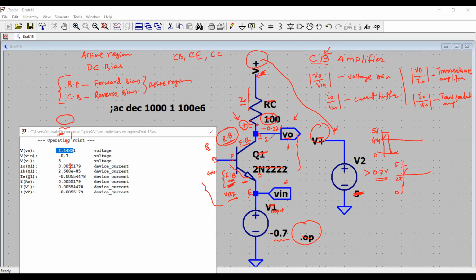So here if you want 2.5 volt, you can apply V plus minus 2.5 divided by IC, which is 5 milliampere. That will give you the value of RC. So V plus is 5 volts. So it is 5 minus 2.5, which is 2.5, divided by 5 milliampere. So it is 500 ohm.